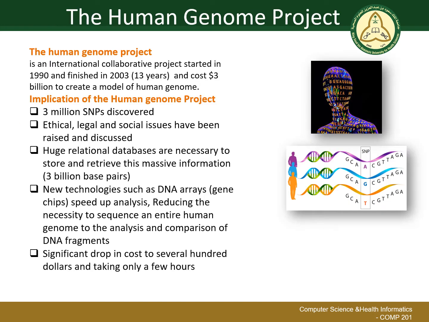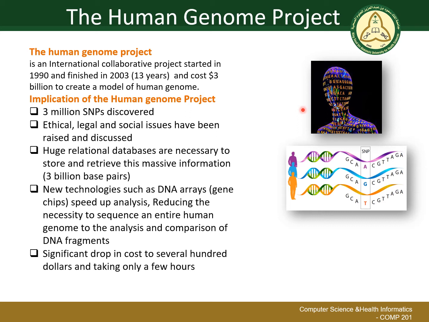The Human Genome Project. This is an international collaborative project which was started in 1990 and finished in 2003. So it took 13 years to develop. It cost $3 billion to create a model of the human genome, اللي هو الخريطة الجينية للإنسان أو للبشر.